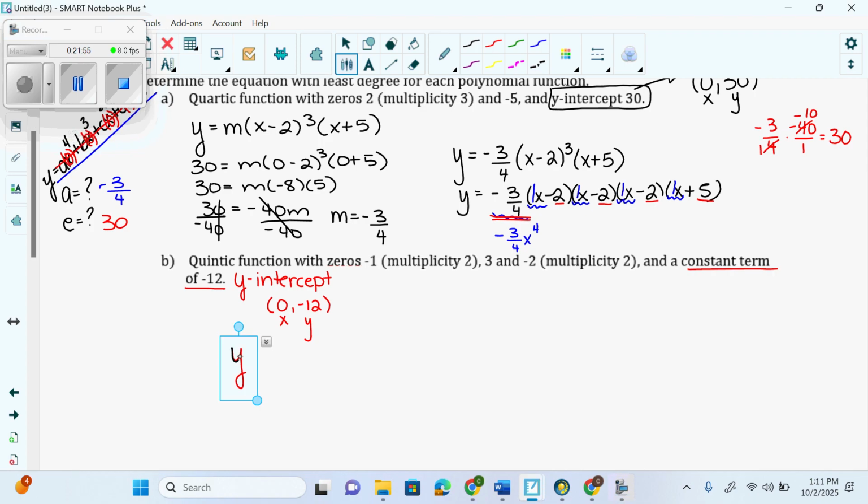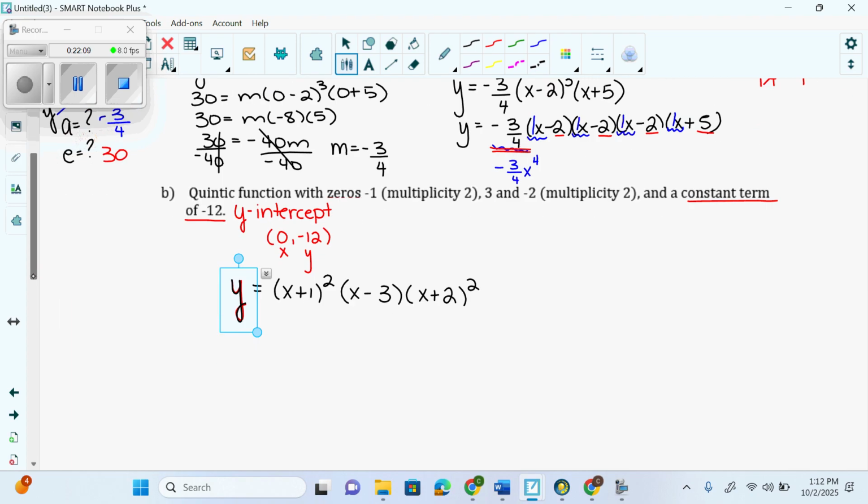Y equals, it's the third time, (x plus 1) squared, (x minus 3), (x plus 2) squared. So we get negative 12 equals (0 plus 1) squared, (0 minus 3), (0 plus 2) squared.